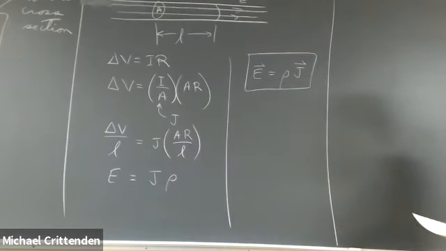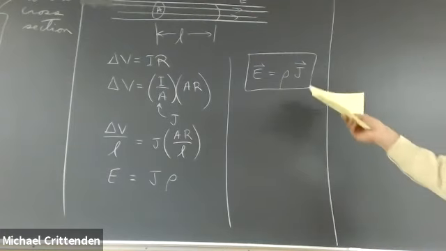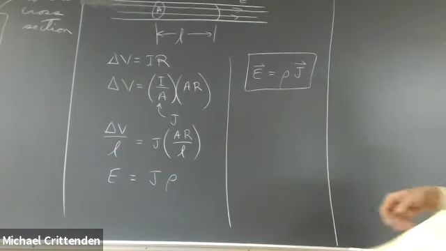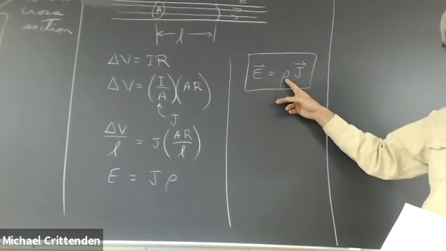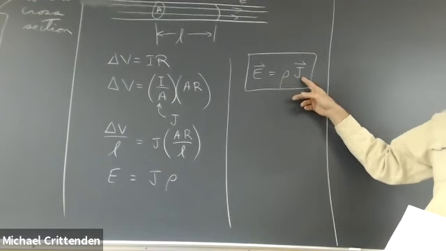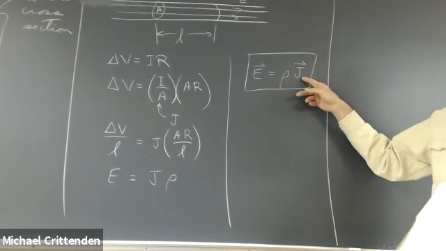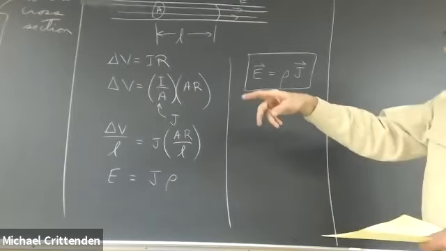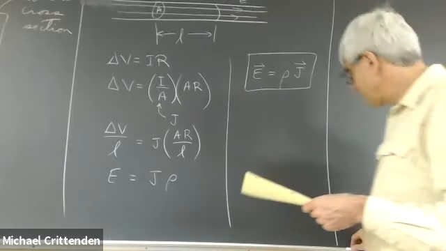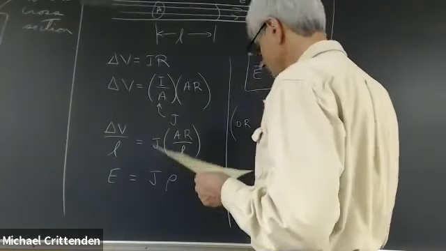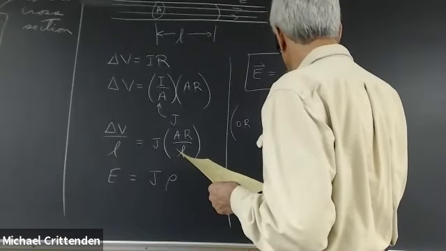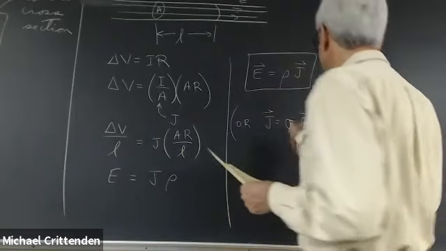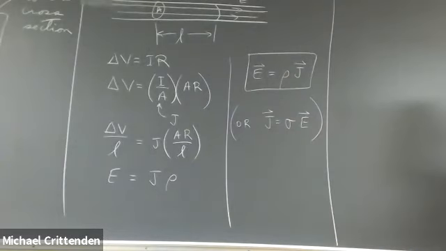Ohm's law is V equals IR from a practical point of view, but from the more fundamental viewpoint, you establish an electric field in a conductor whose resistivity is rho, and it results in a current density J. Or, other way around, if you want to do it in terms of the conductivity, it would look like that.